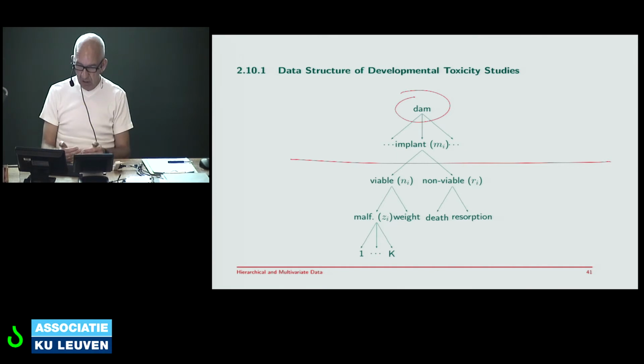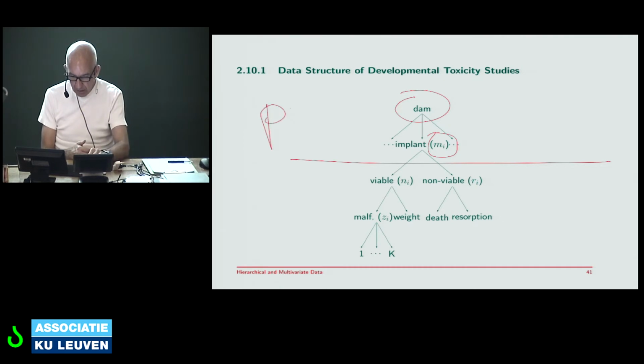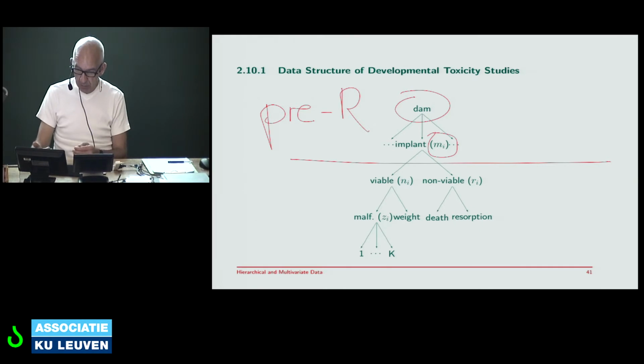Okay, then the implants, of course, as I said, it varies between 2 and 16, with 2 relatively uncommon, 16 relatively uncommon, but the number of implants is variable from mother to mother. But it's a pre-randomization or pre-experimental variable. That means we have no control over it.